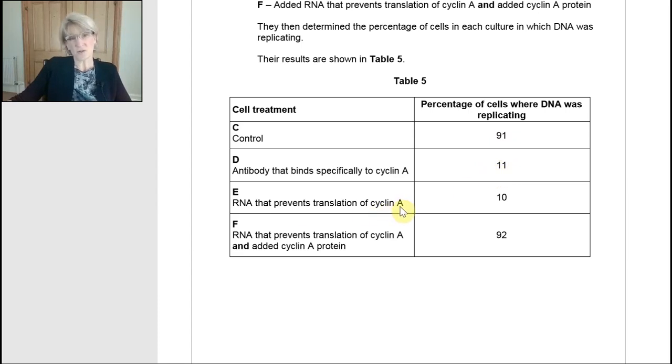If there is no cyclin A, then that also causes a very similar reduction in DNA replication because the cyclin A is not there to help that enzyme bind. And here, RNA that prevents translation of cyclin A, but they've also added the cyclin A, this takes it back up to the original amount, the original percentage.